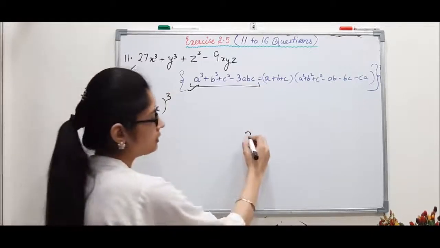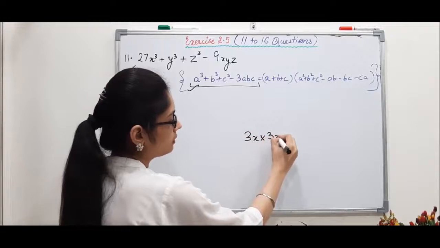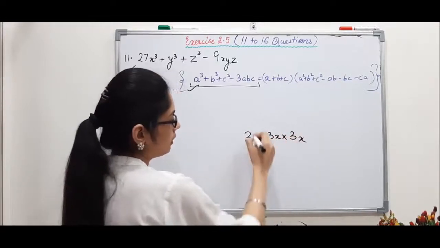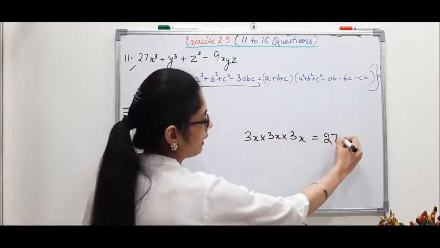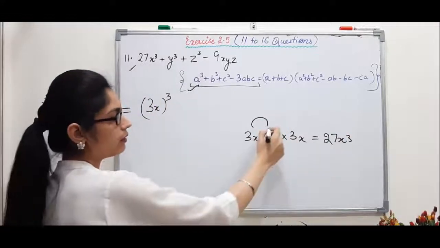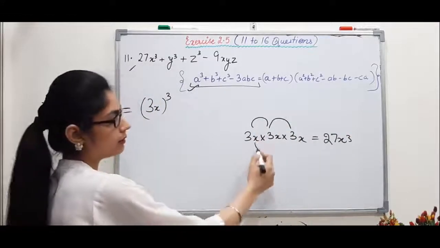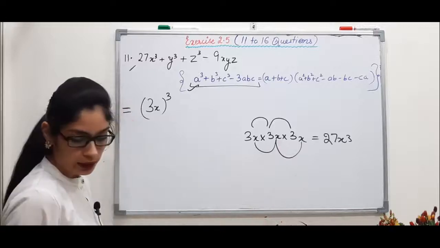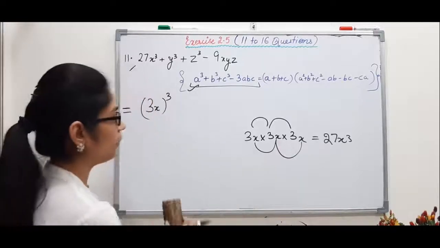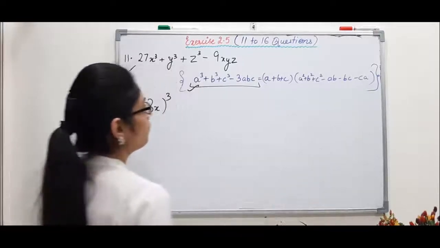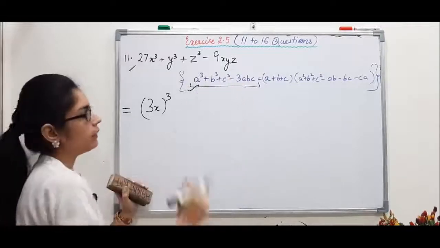Why? Because 3x into 3x into 3x is equal to 27x cube. 3 into 3 is 9, 9 into 3 is 27. x into x is x square, into x, it is x cube. That's why we have written it like this, because we need this form.